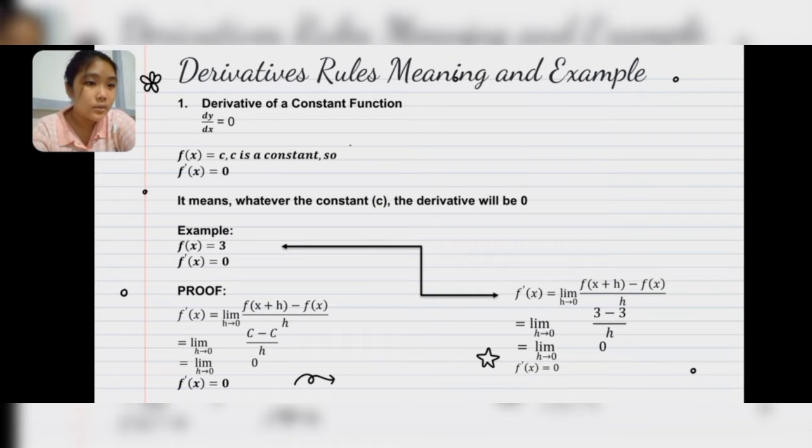Here f of x plus h is 3 and f of x is 3 per h, and then the limit as h goes to 0 of 3 minus 3 per h is 0, so the first derivative of 3 is 0.